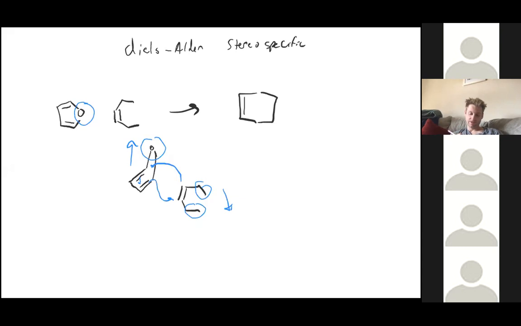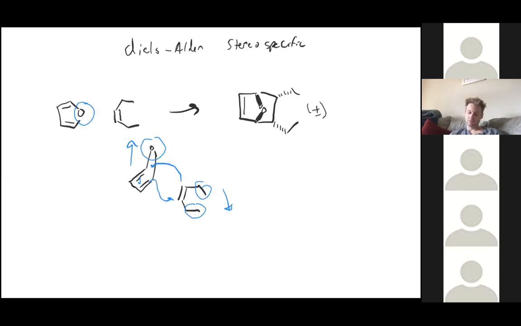This bridgehead from our oxygen is going to get shoved upward. And then the 2 ethyls are going to end up in the away direction.